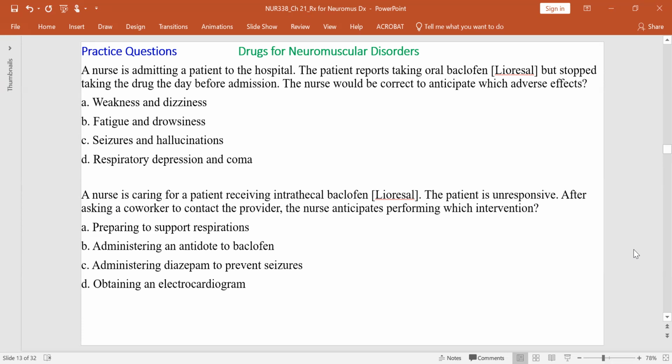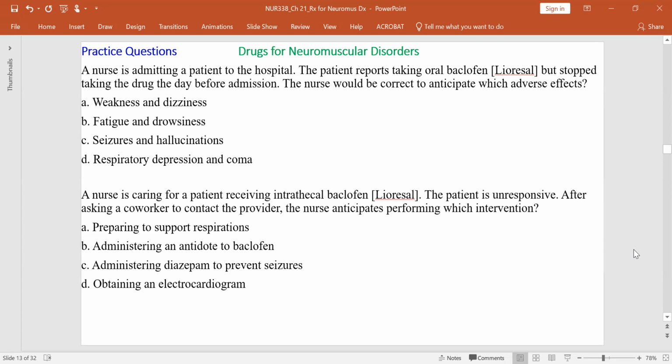Now, central nervous system effects of baclofen include weakness, dizziness, fatigue, and drowsiness. But respiratory depression is the result of overdose of baclofen, not the withdrawal or sudden cessation or abrupt discontinuation of the drug.